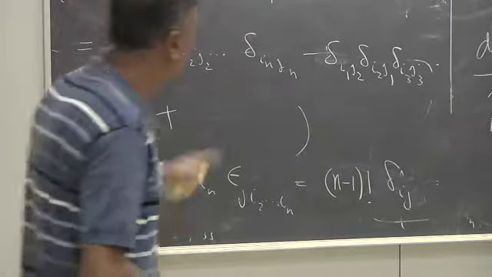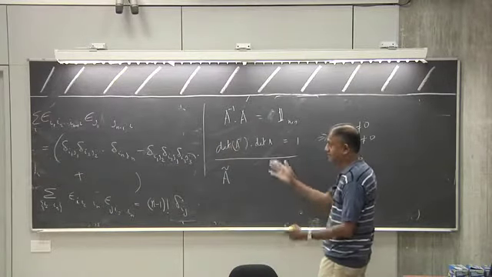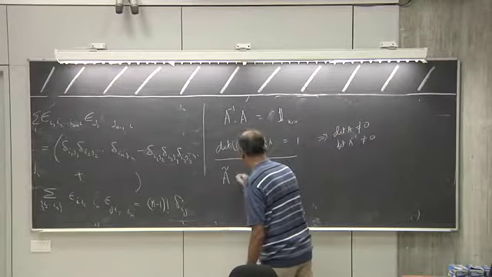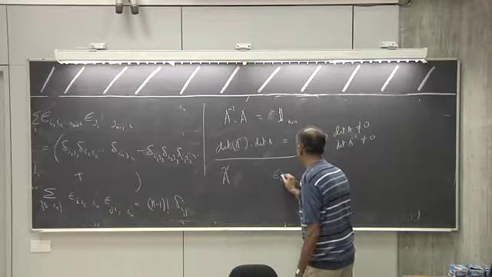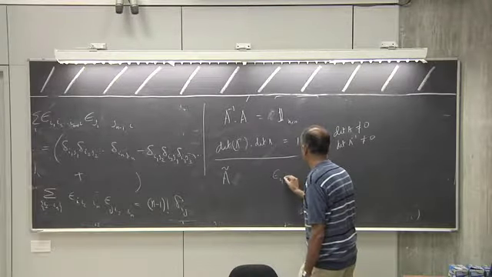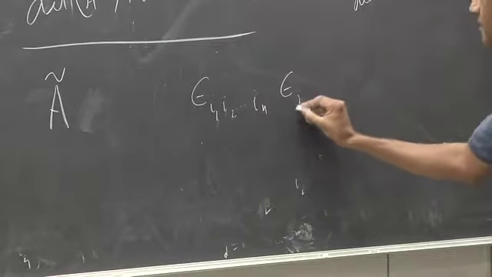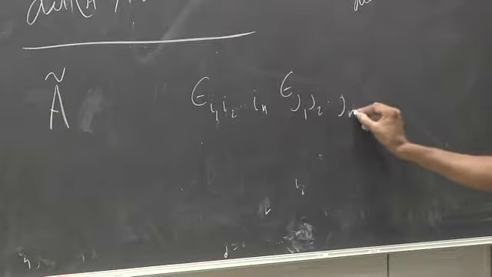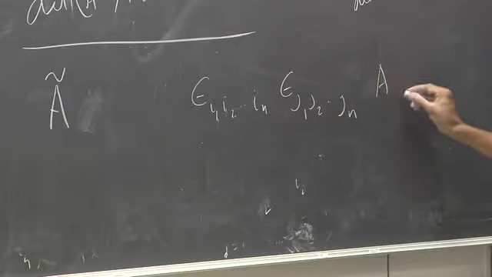Okay. So having said about this, some nice properties of the products of epsilon and contractions and so on, I can now define a matrix A tilde. Okay, this I will define as epsilon I1, I2, up to In, epsilon J1, J2 up to Jn, and then A, I2, J2.